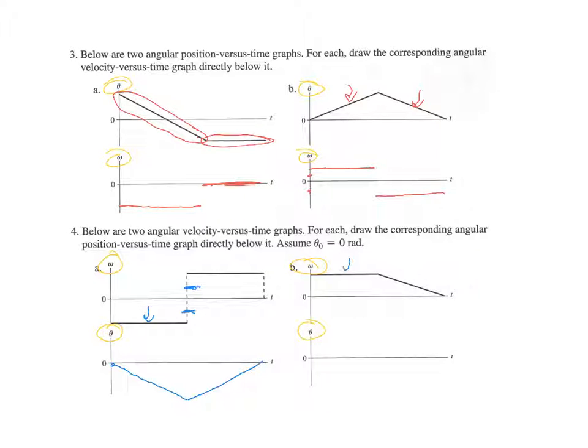Moving over to this one, this is a positive value, so I need a positive slope. I need a positive slope line. You can pick wherever you want to start, really, because they don't tell you where they started. Oh, they do tell us, sorry. You do start at 0, so I did this right. And then what's the slope of this line?